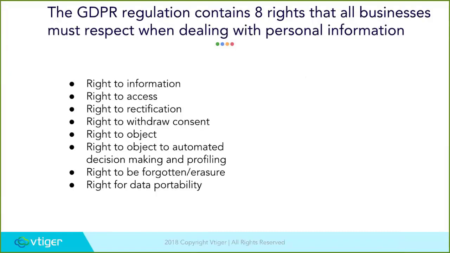What are the 8 rights that GDPR regulation demands you comply with? Well, people have the right to know what data you store about them, the right to obtain a copy of it from you, to withdraw consent to your use of their data, or to have it deleted. Customers can ask for copies of their data for reusing it across different services.